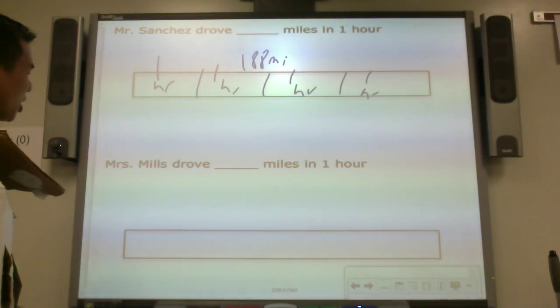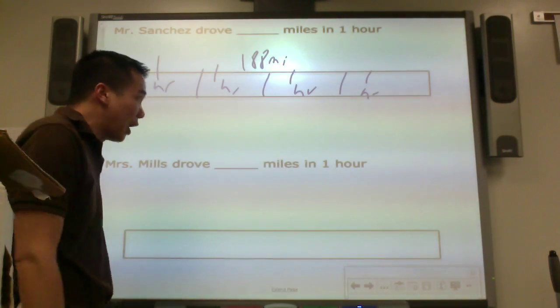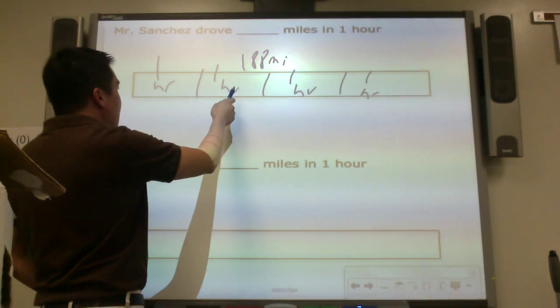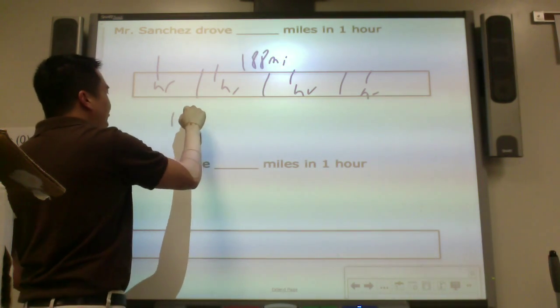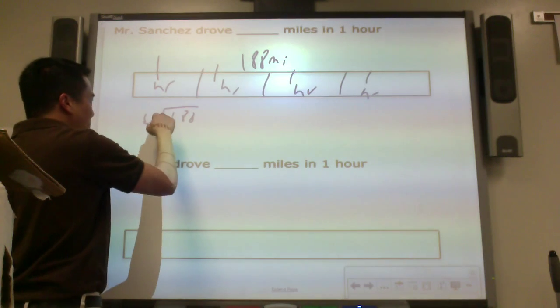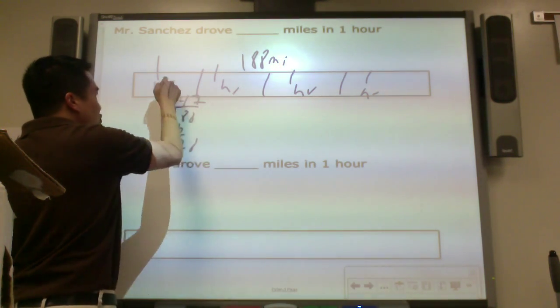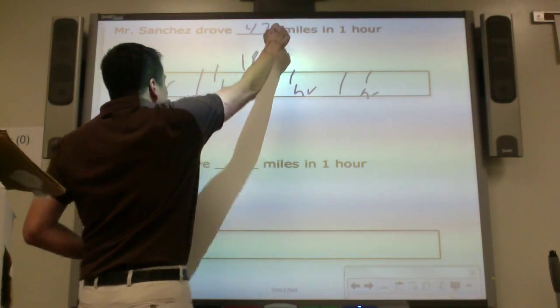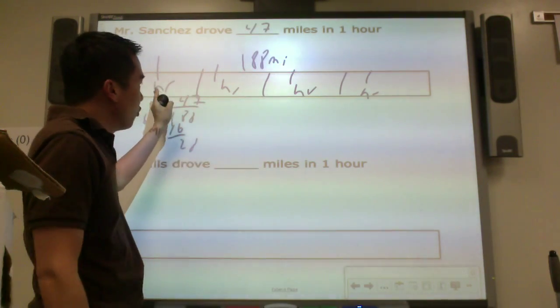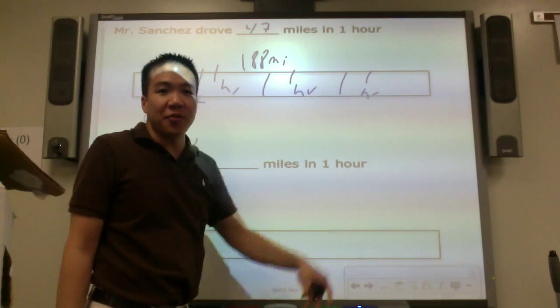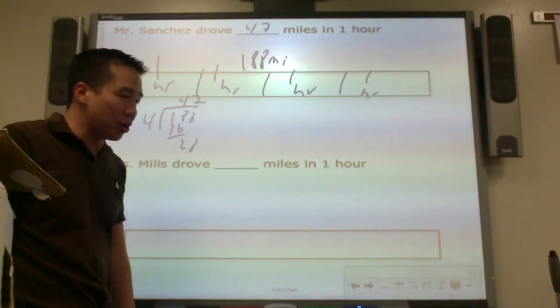I'm dividing 188 by 4, and I will get 47 miles for 1 hour. So each hour he drove 47 miles, which adds up to 188 miles.